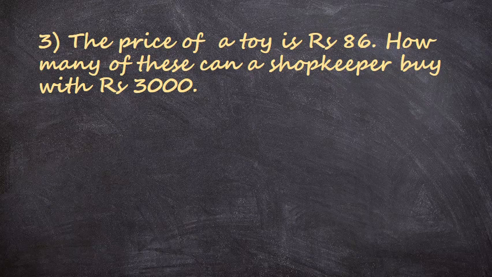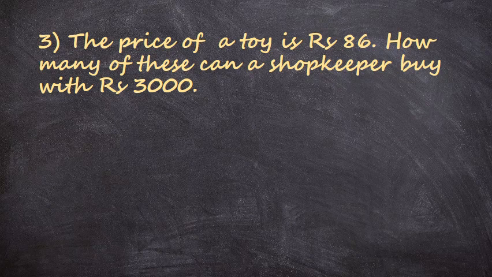See, the price of one toy is rupees 86 and the shopkeeper has a total amount of rupees 3000 with him. Now he is asking us to tell that with rupees 3000 how many toys can a shopkeeper buy, with the condition that a toy is of rupees 86.